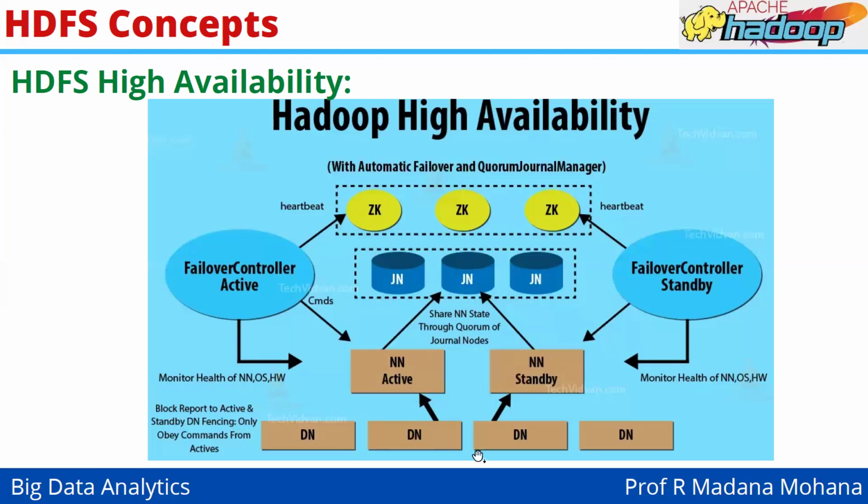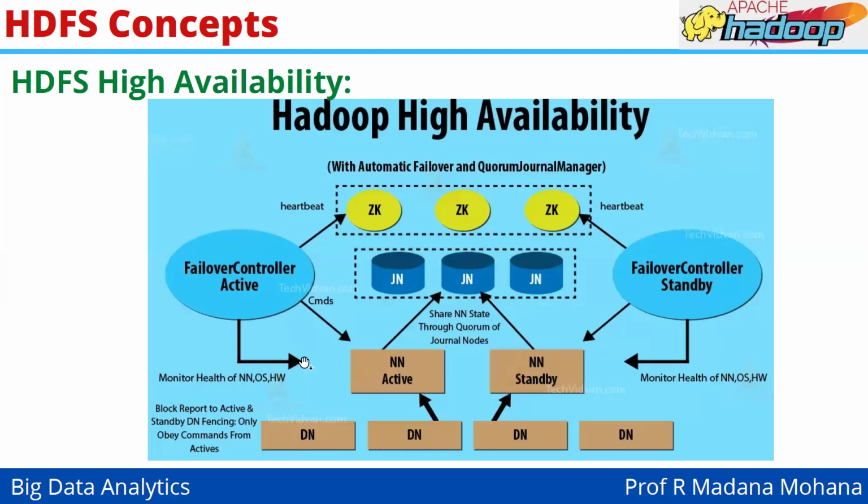Then DN means data nodes. We have the name node active, the name node standby, and below are the data nodes. Again, here they monitor the health of the name node, the OS and the hardware. The data nodes send block reports to both the active and standby name nodes, and fencing ensures they only obey commands from the active node.